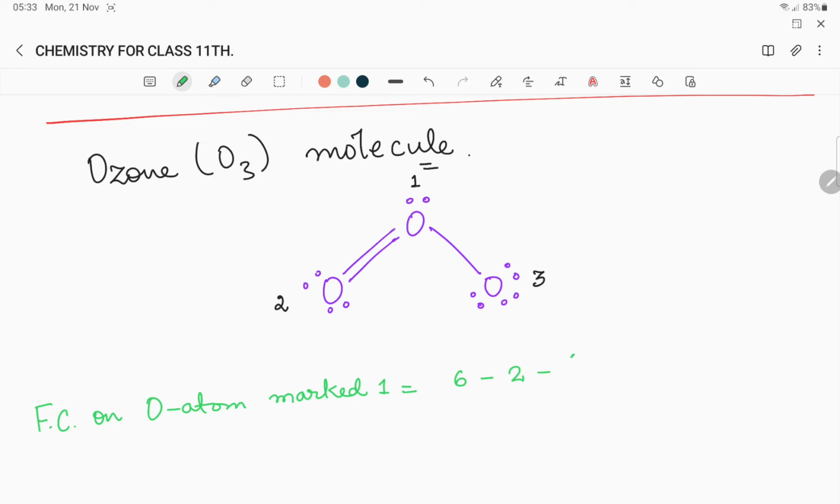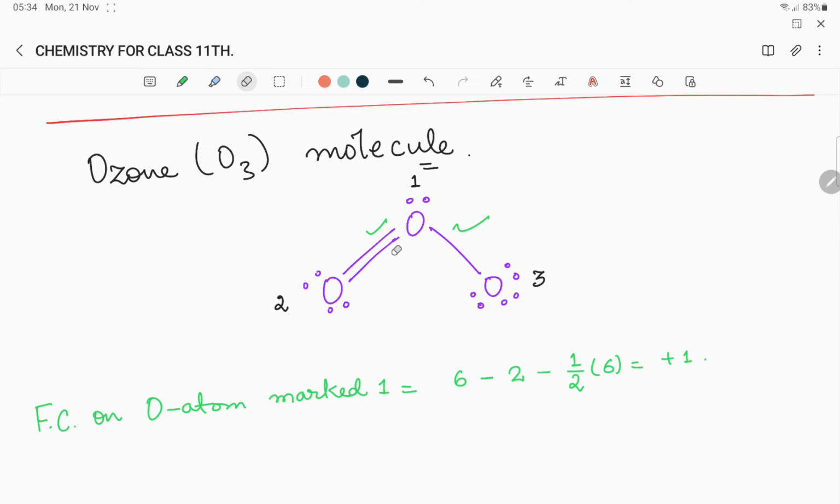Then minus half of shared electrons. Count the number of bonds of oxygen number 1: 1, 2, 3, okay. So 3 bonds means 6 electrons, so bonding electrons are 6. Now 6 minus 2 is 4, and 4 minus half of 6, which is 3, gives 1, so this will give you plus 1, okay.